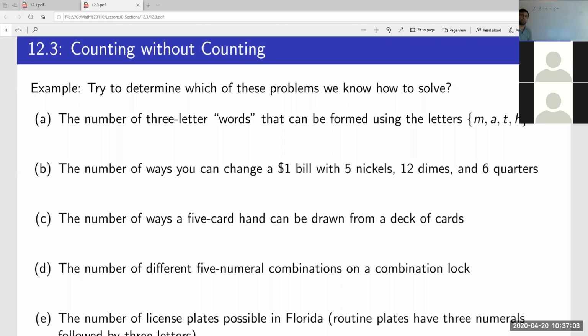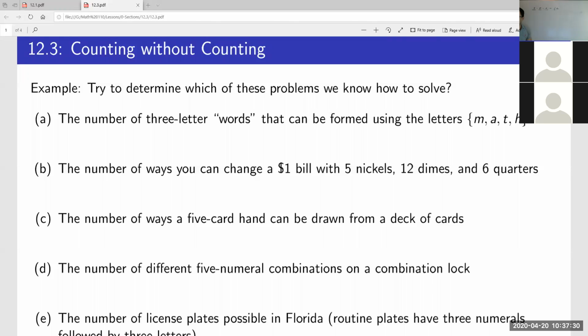So how many cards are there in a deck? Does anybody know? Is it 24? I don't even know. So there's 4 suits, and there's 13 cards in each suit. So a suit is like hearts, diamonds, clubs, spades.